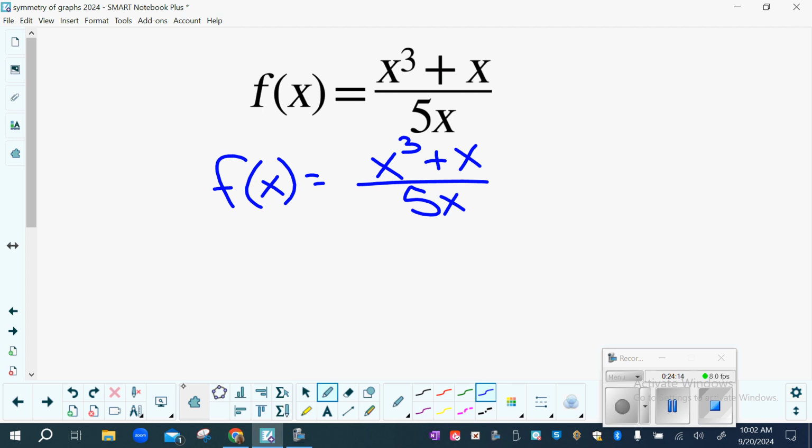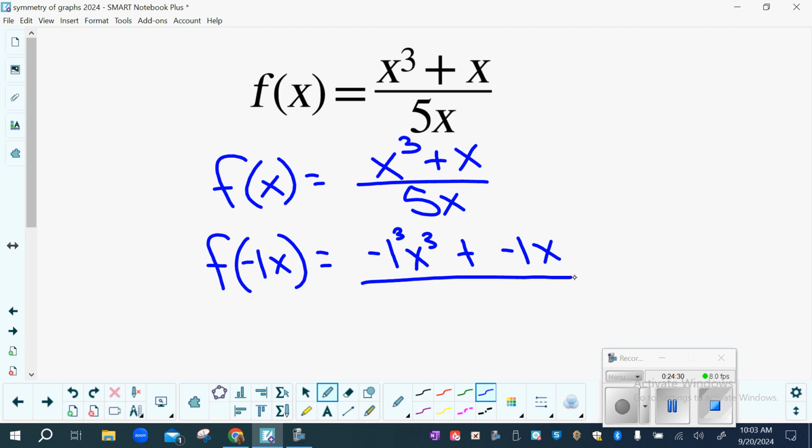So here we go. f(-x), I'm going to use a -1 because it helps me, but you do you, right? Here's what I got: (-1)^3 x^3 plus (-1)x over 5 times (-1) times x. Anyone see that I've made any mistakes? Okay. So here we go.